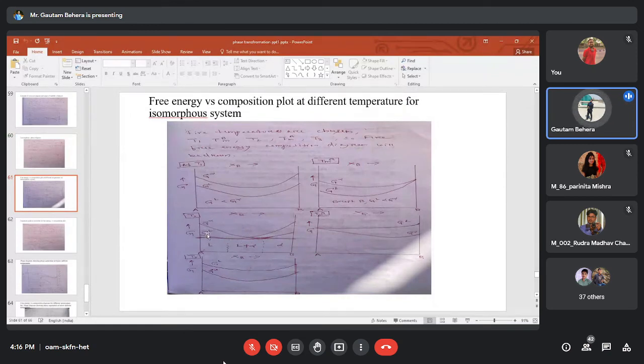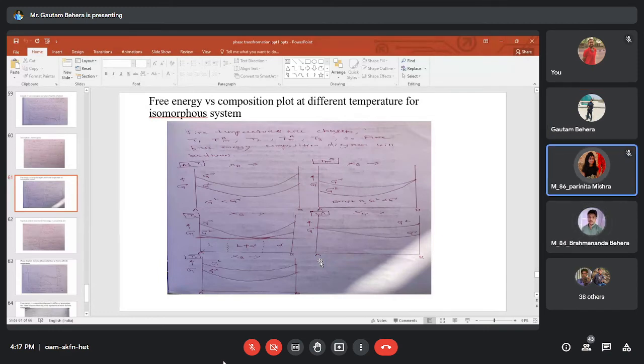GL being lower means liquid is the stable phase, alpha is not stable. But after this intersection point, if you go towards B, G alpha is lower and G liquid is higher, because alpha is the stable phase after this point towards B. I think you people have understood up to this.